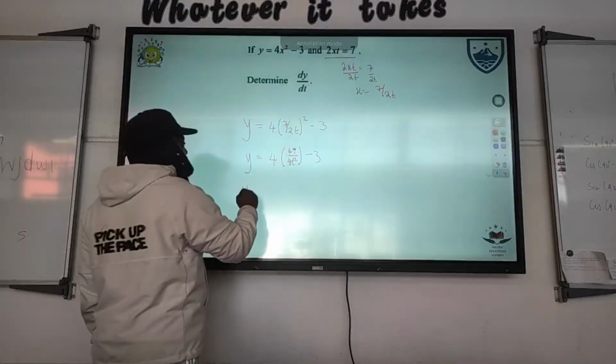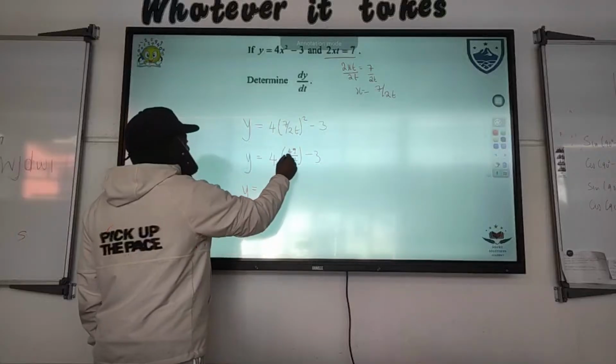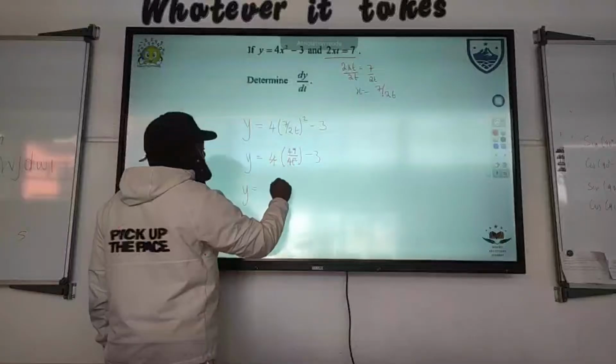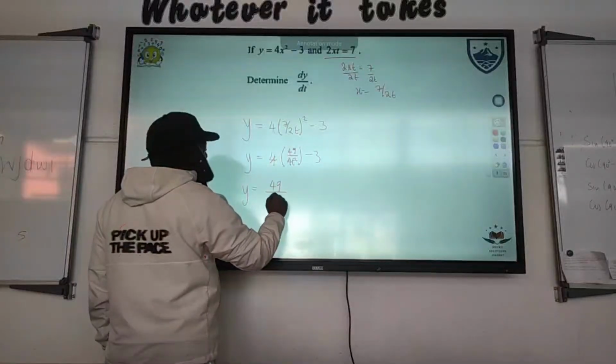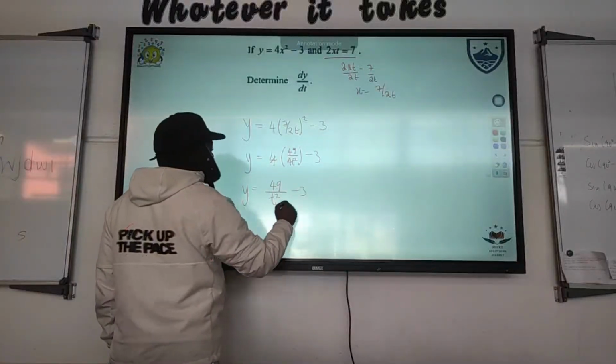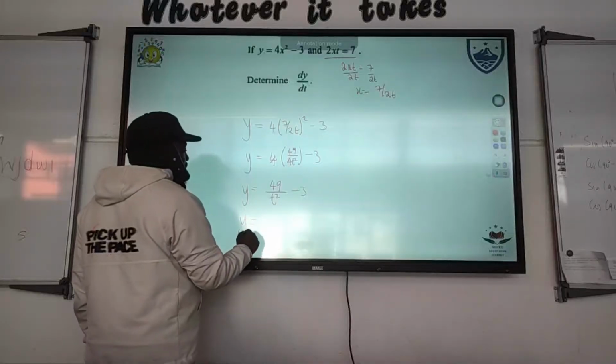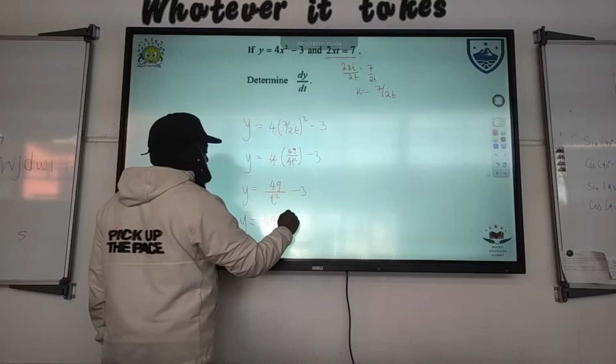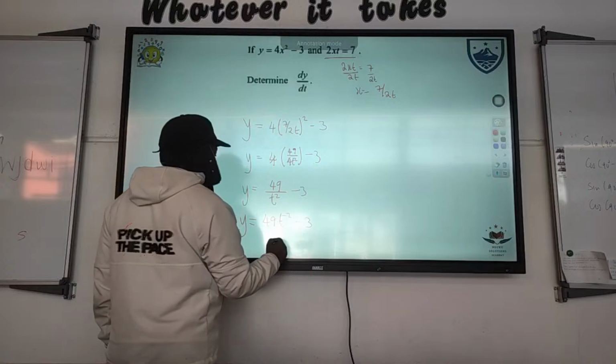Simplify that. The 4 will divide the 4, so I'll have 49 over t squared minus 3. So my y will simply be 49, I bring this to the top, t to the negative 2, minus 3.